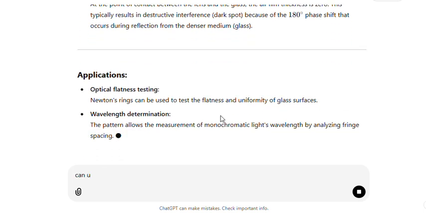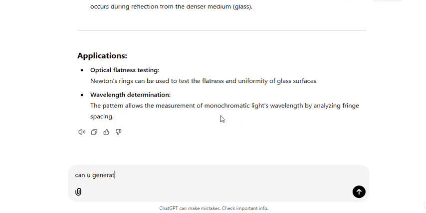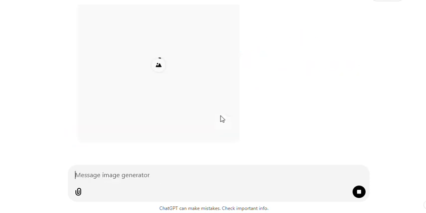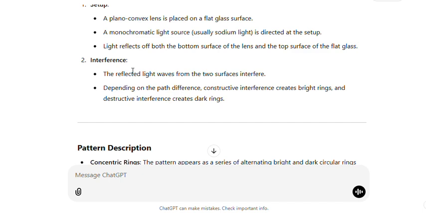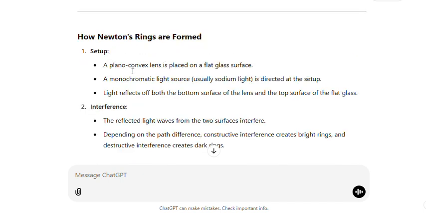Can you generate a visual image of the process? I could have asked ChatGPT for it. Anyways, it's generating. The image generation did not work out for some reason, but we just continue with our study.